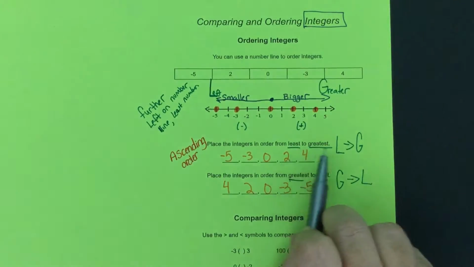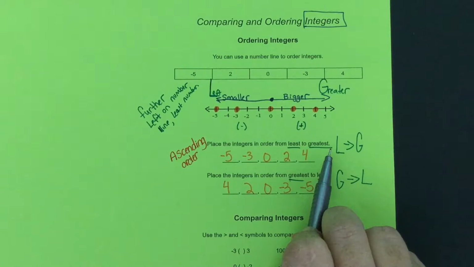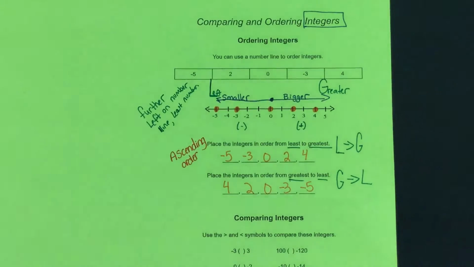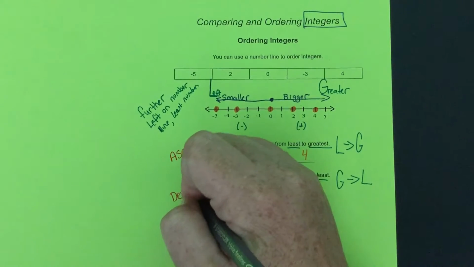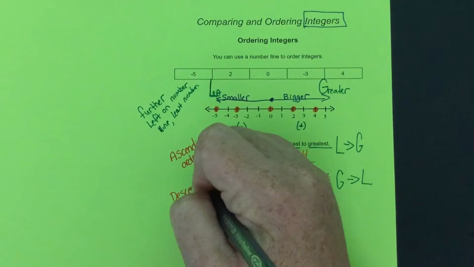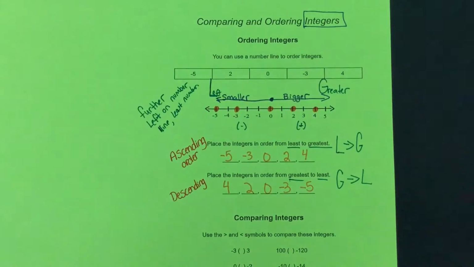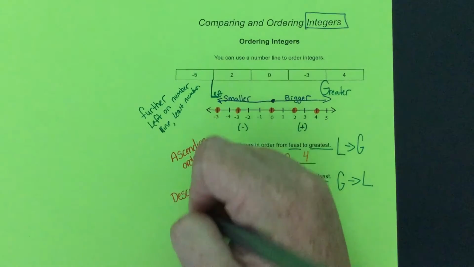That means least to greatest. Then from greatest to least is called descending order. Have y'all heard those words before? Yes, ma'am. Awesome.